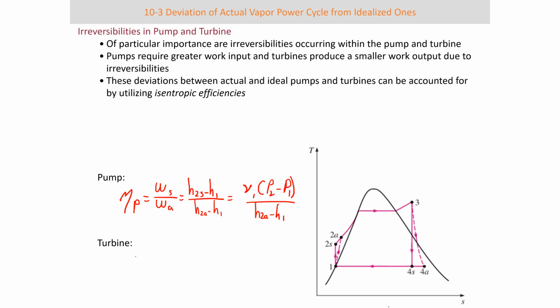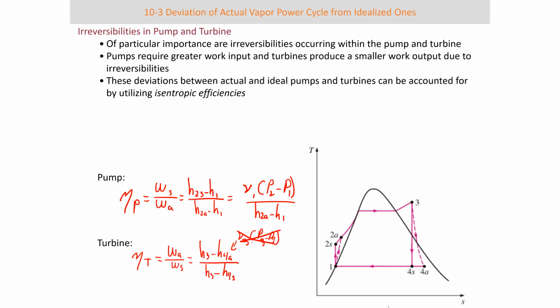And for the turbine, the isentropic efficiency is the actual work over the isentropic work, or H3 minus H4 actual, divided by H3 minus H4 isentropic. Now, I do not replace this with v delta P, right?